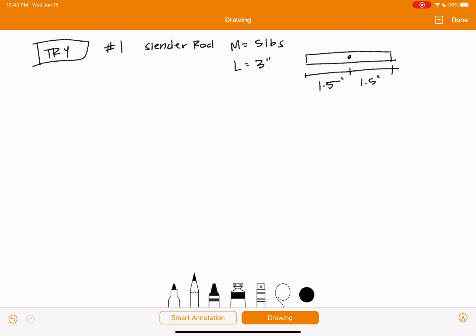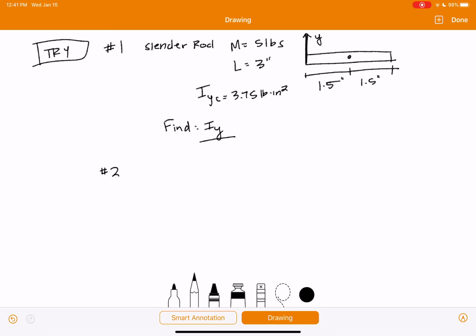And we'll give you IYC as being 3.75 pound-inches squared. We just want you to find IY if this is our y-axis. So find the mass moment of inertia about this axis here.